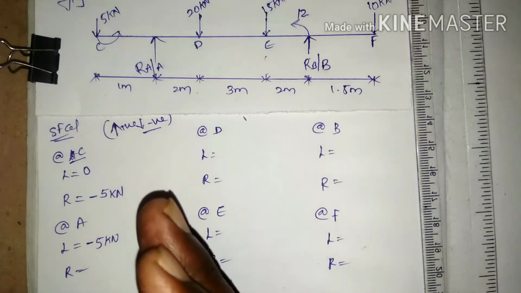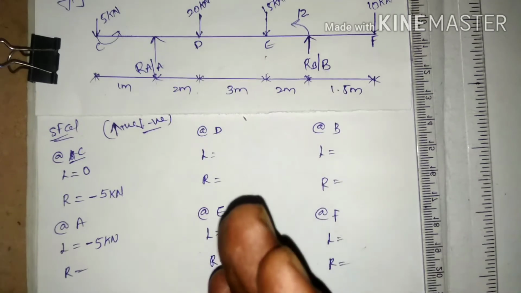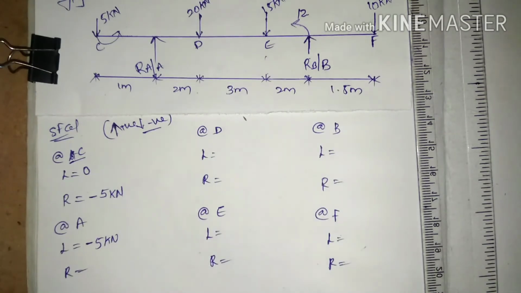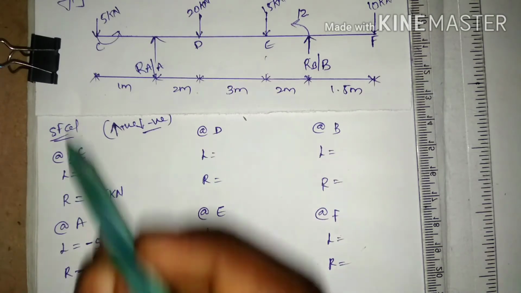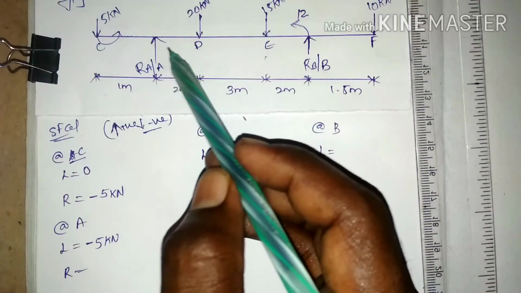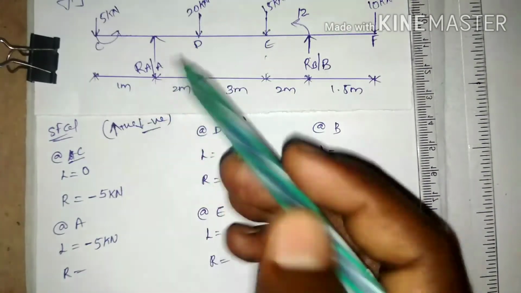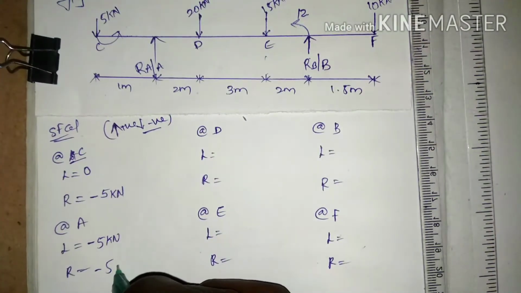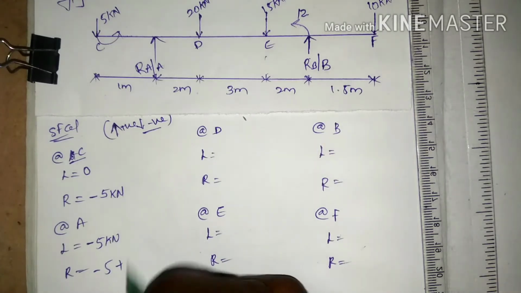When I stand just right of A, I find an upward reaction acting on this beam, that is RA, so minus 5 from the left and a positive RA, because it is in the upward direction.